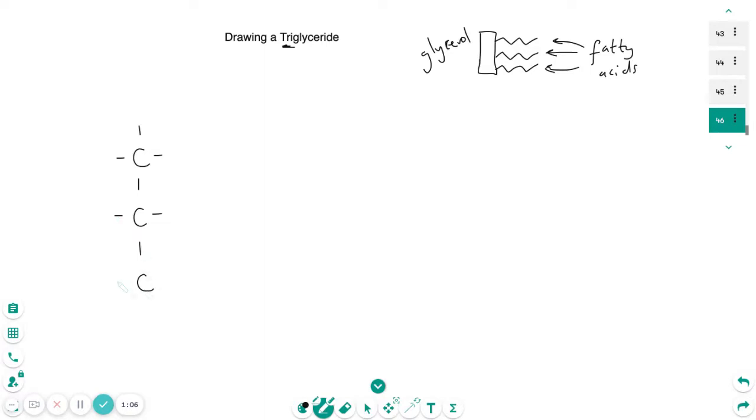This one's got 1, 2, 3, 4. Making sure carbon's always got 4 projections coming out of it. Top and bottom we have hydrogens, and on the left hand side we also have hydrogens. And then on the 3 remaining bonds on the right, we're going to add hydroxyl groups. And that is glycerol, so we need to remember that.